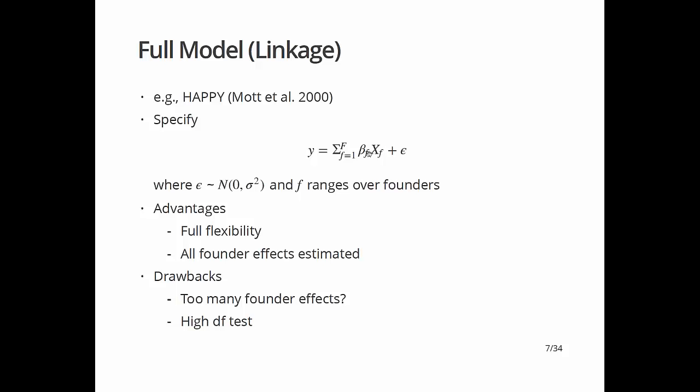So your first founder might have a positive effect on yield, another founder might have no effect, another founder might have a negative effect. And so you're allowing those values to change between all your founders, you're giving it full flexibility and estimating all the founder effects. The possibility is that there's too many there, really, because it may be that 3 of the founders have no effect.